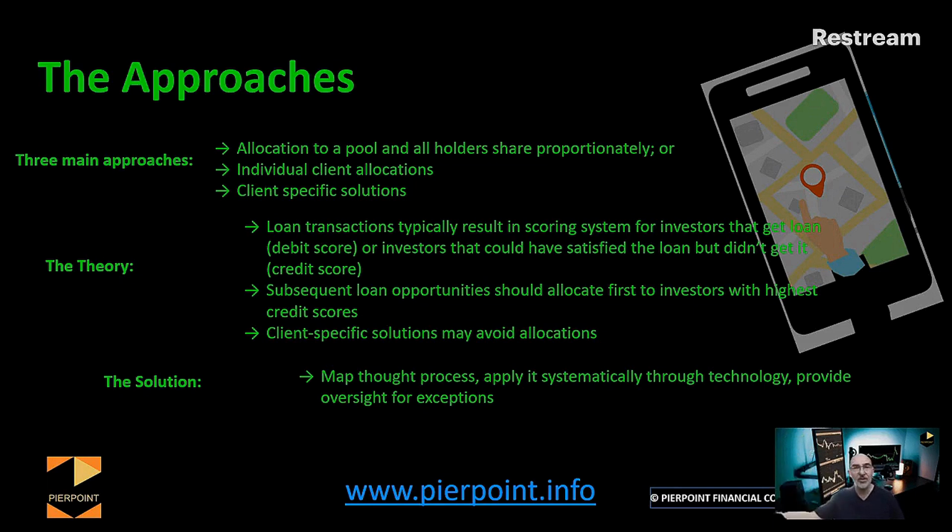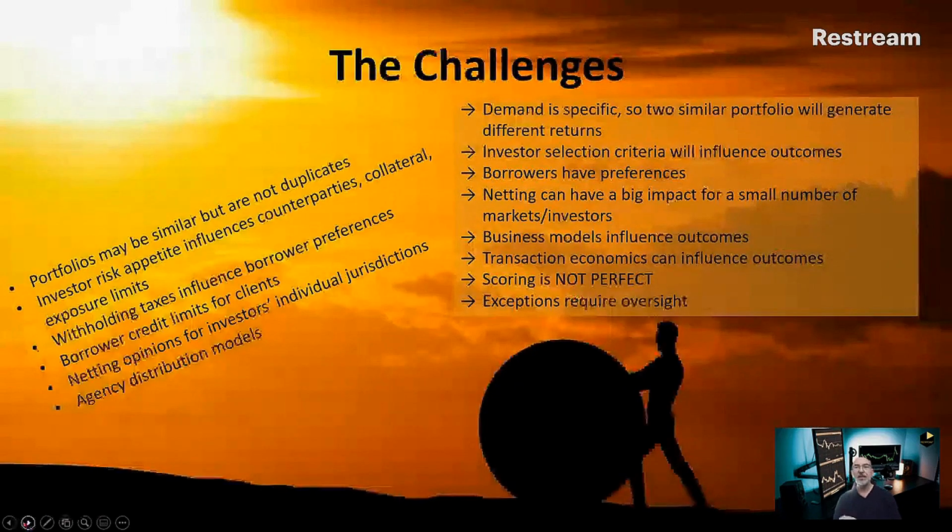So they have the shares, but they don't have the other criteria from the borrower. So there are lots of reasons for exceptions. And so an agent has to find some methodology for overseeing and dealing with those exceptions in order to determine whether they are valid exceptions. Now, the challenge is, all the bullet points on the left are from a previous slide.